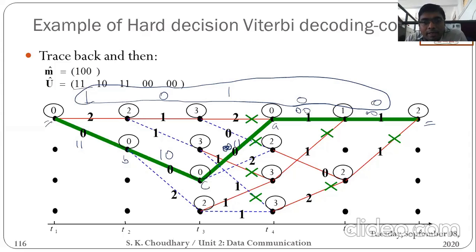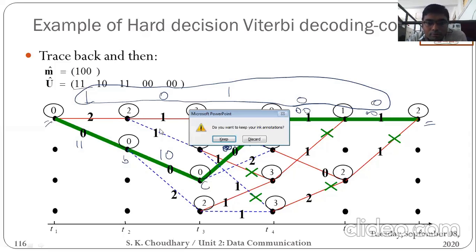If anyone still has any doubt, you can ask me, or if you require that we repeat this topic, then we can also repeat this. In one lecture we would do the encoding and decoding both at the same time using a Trellis diagram. So please tell me.